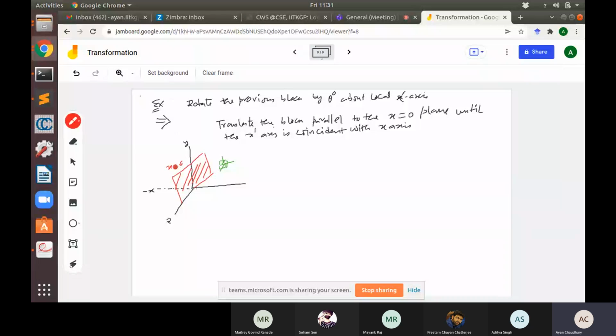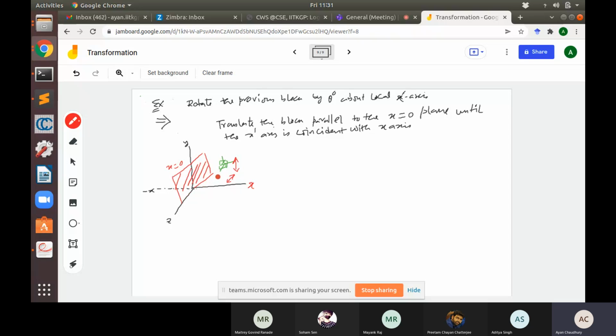Okay. So in this case, we have to translate it about x-axis. So that means we have to translate it here. We have to do the movement either like a vertical movement, because it can be somewhere at the top of x-axis like this, in the positive y direction, or somewhere below the x-axis. So that means towards the negative y direction. Also, you may have to move in this direction, right?